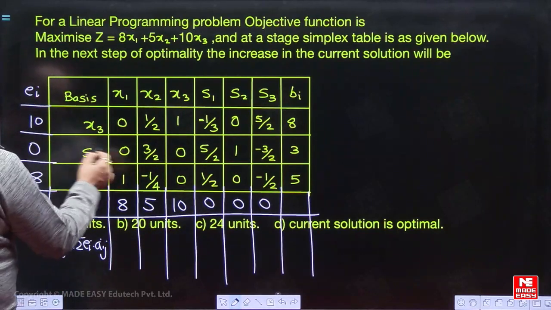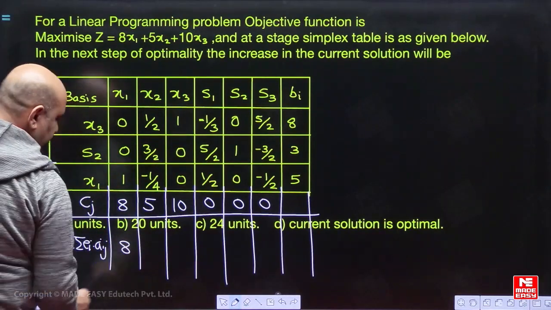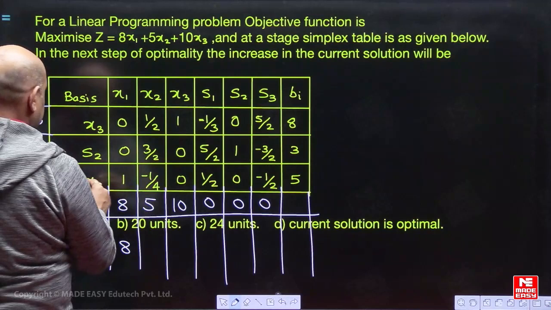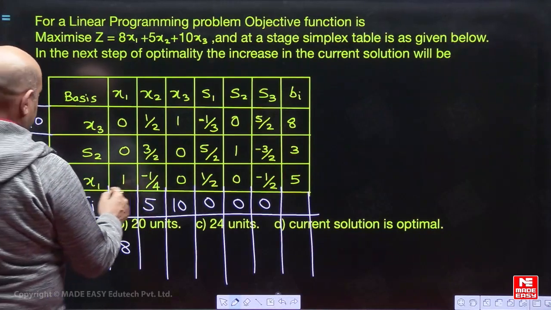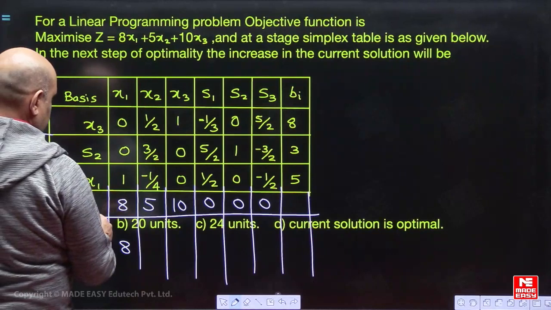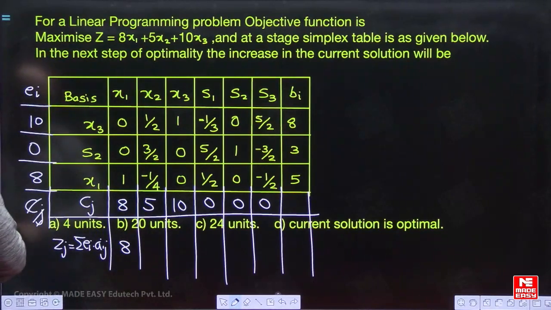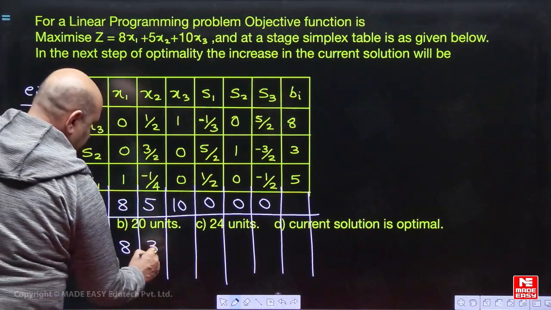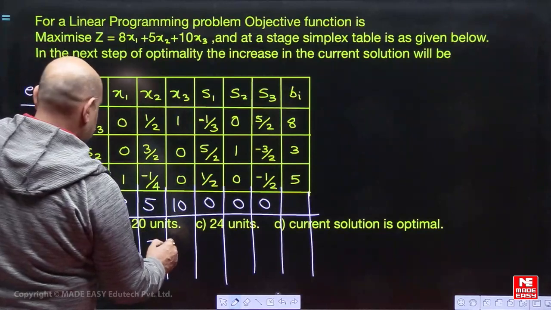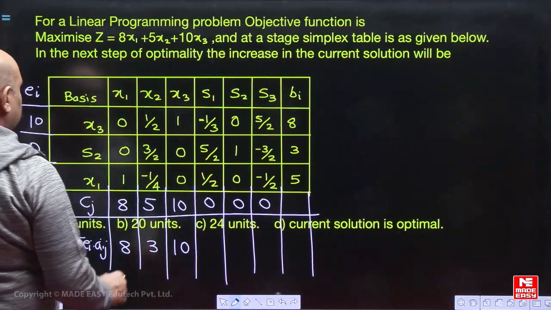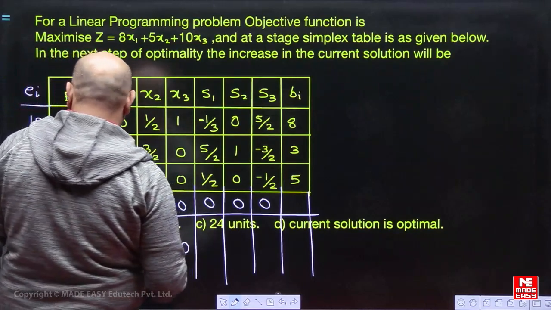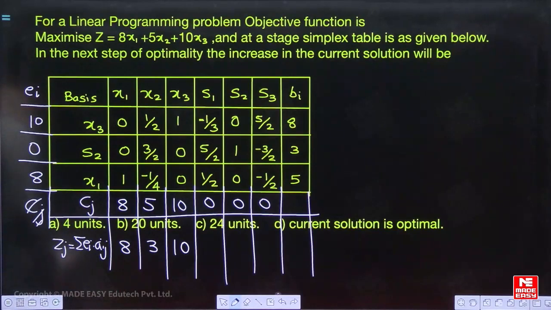So 0 into 10, 0, 0 into 0, 188, 8 it will be. Then 1 by 2 into 10 is 5, and 5 minus 2, it will be 3. 3 here, 1 to 10, minus 10 into minus 1 by 3, 0, so that will come out to be 4 by 6.